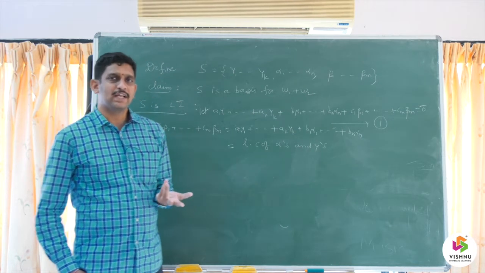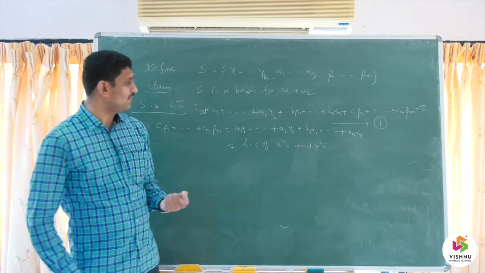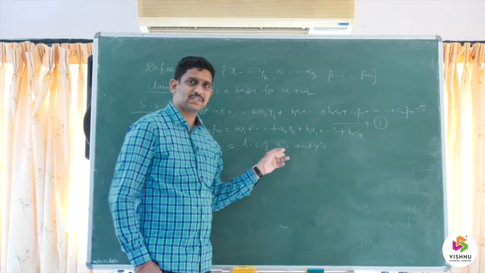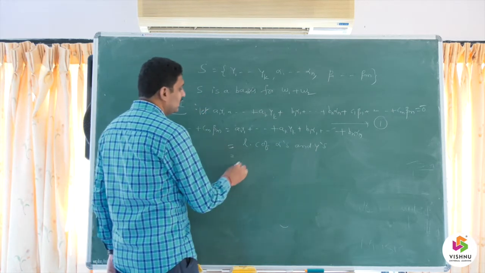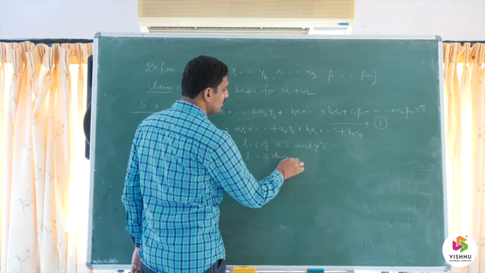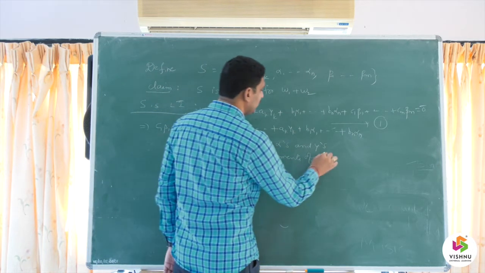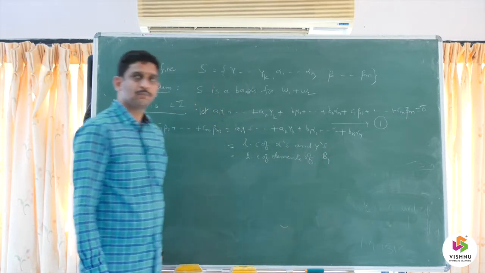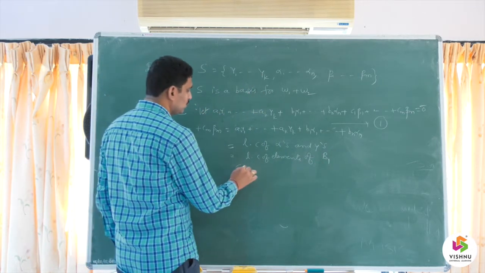Among those sets, B1 is the set which contains alphas and gammas. So I can say this is a linear combination of elements of B1. So this value belongs to W1.